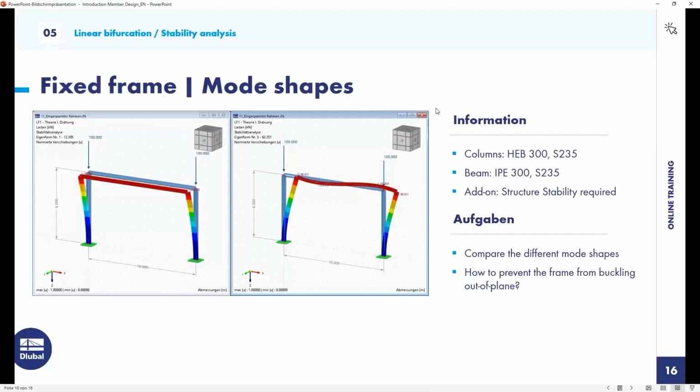So in this last example, we again want to calculate the mode shapes for this fixed frame, and especially for the columns. And here it is not completely trivial to decide which effective length factors these columns have, because they are held by this horizontal member.